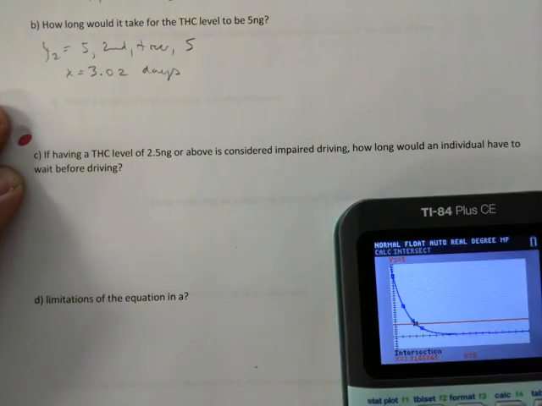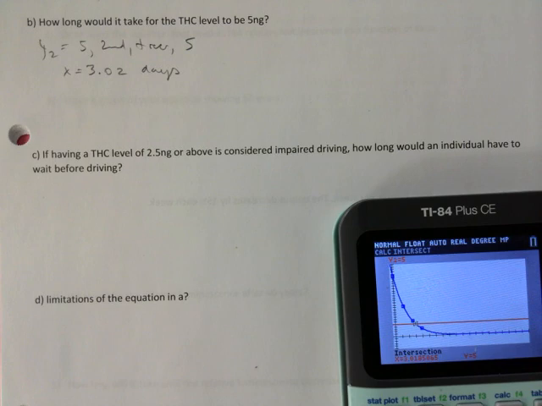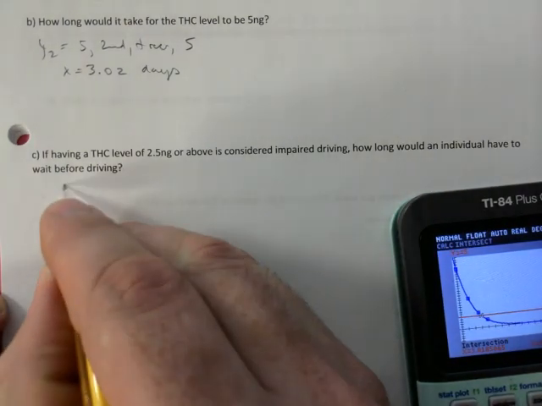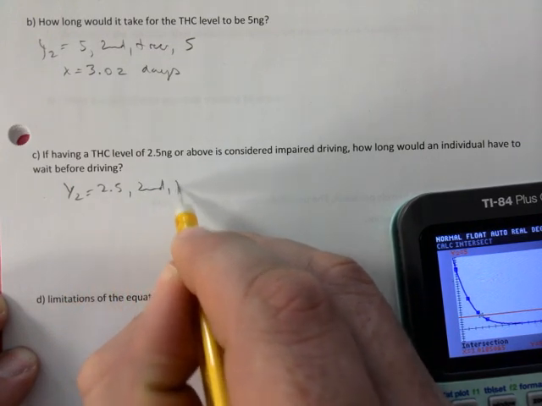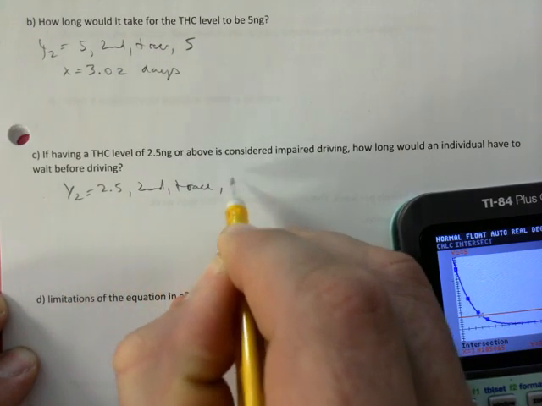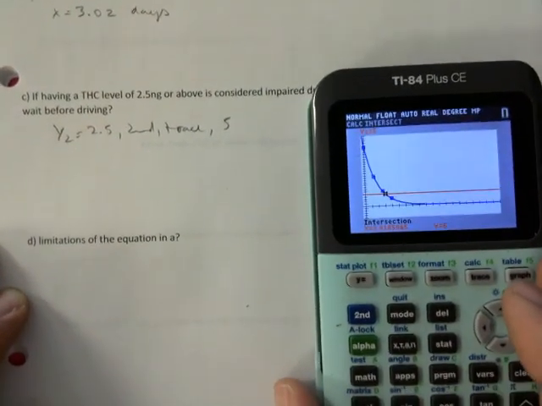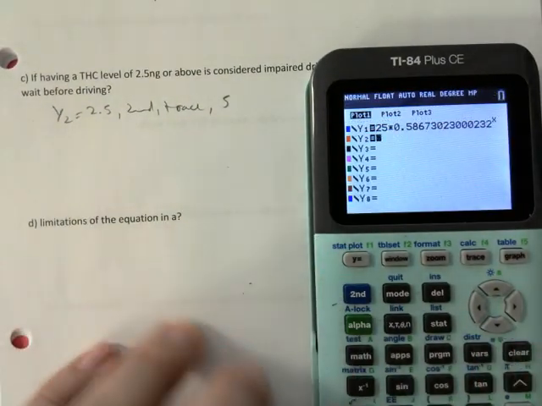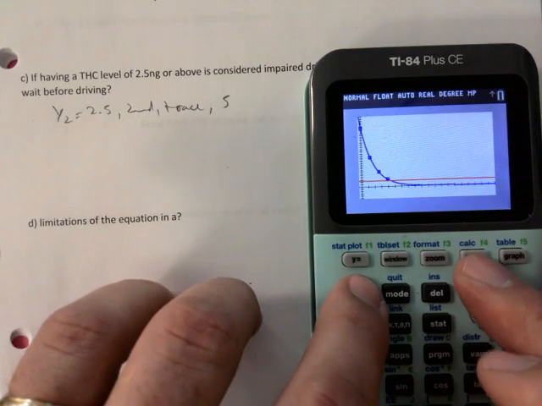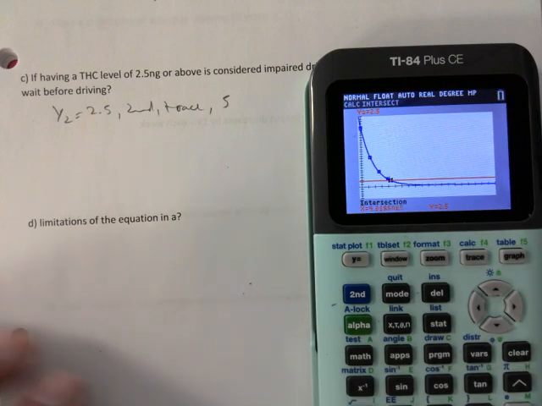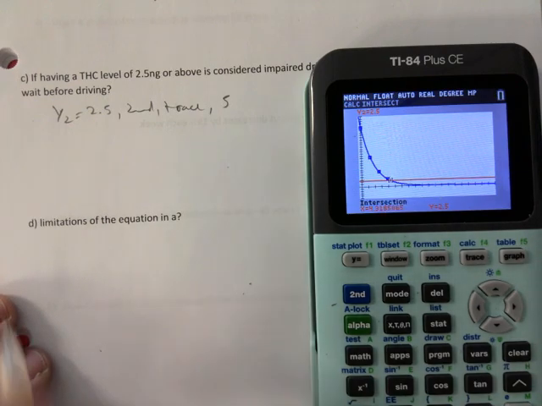If having a THC level of 2.5 nanograms or above is considered impaired driving, how long would an individual have to wait before driving? Well, we'll figure that out. So we go 2.5. 4.32.